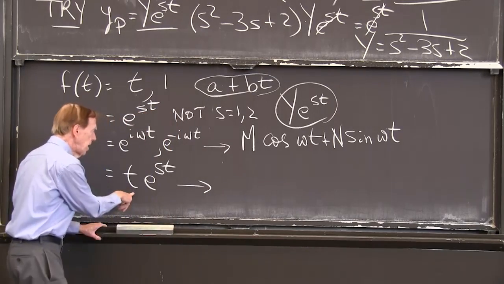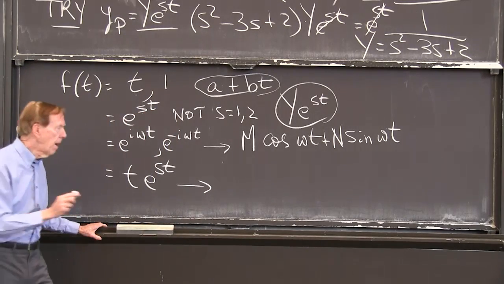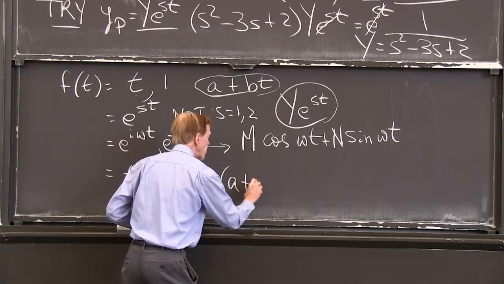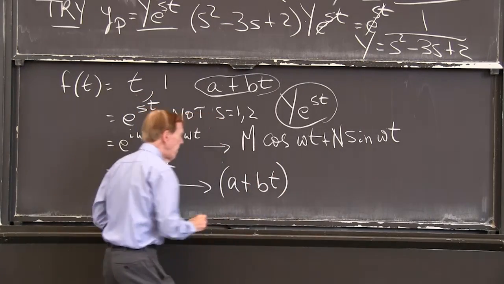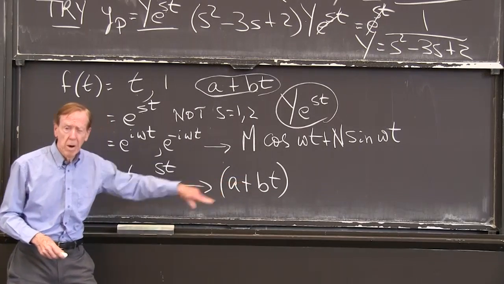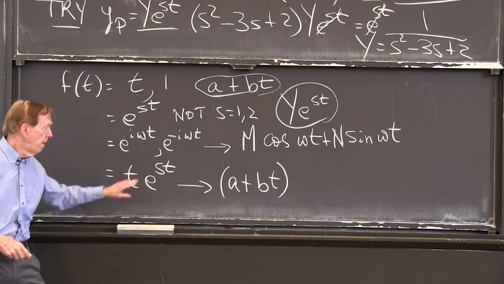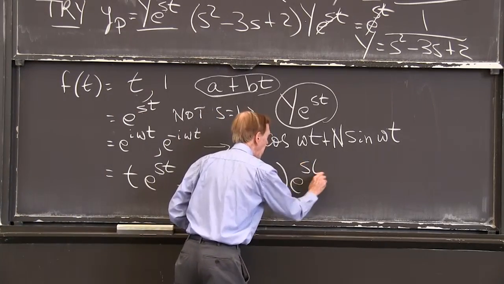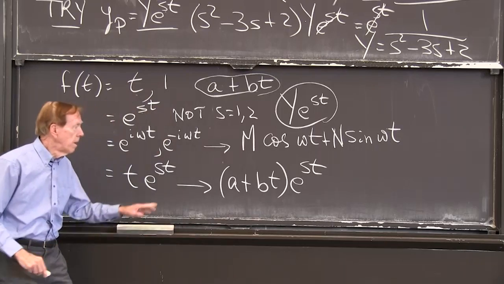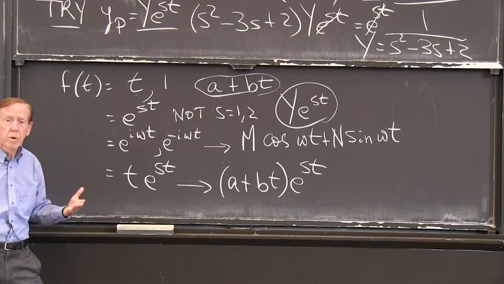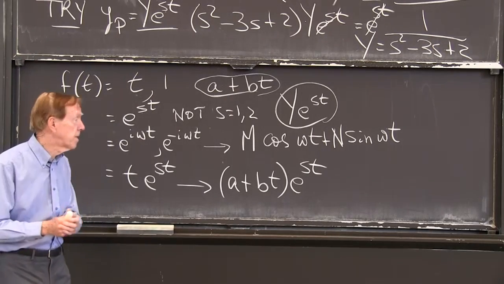Well, when I see t there, I have to include, as I did up there, also constants. And if I saw t squared, I would go up to t squared. I'd have 3 coefficients. Now that e to the st, I'll keep. So what I've put on the right-hand side is the right form to assume. It's just like good advice.